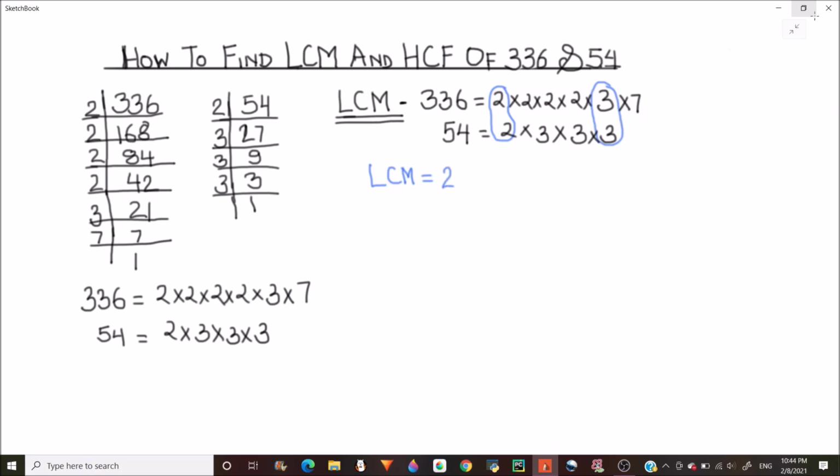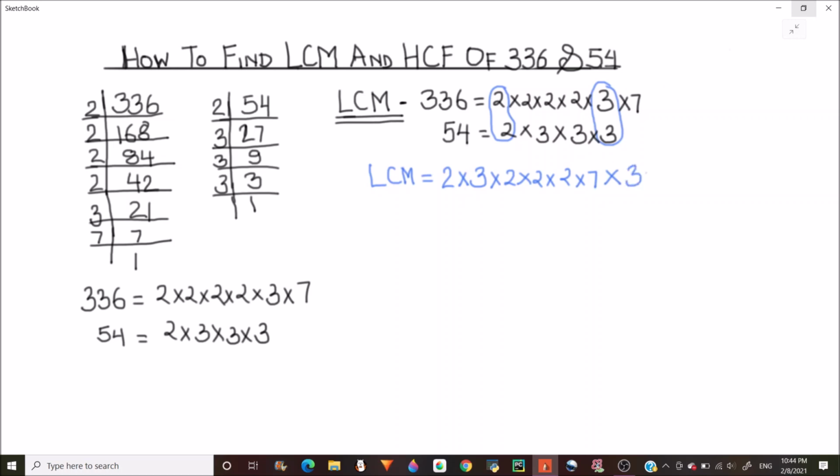So this will become 2 times 3, and then we have to take the product of all the factors which are not common. So 2 times 2 times 2 times 7 will come from 336, and 3 times 3 will be from 54.